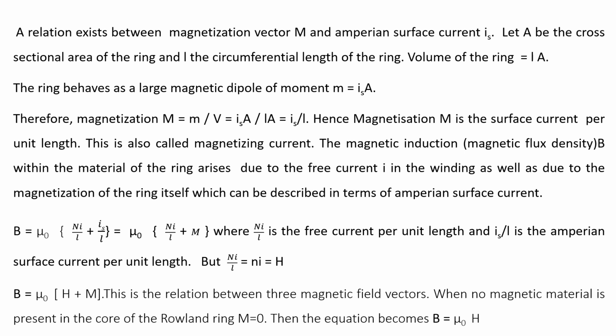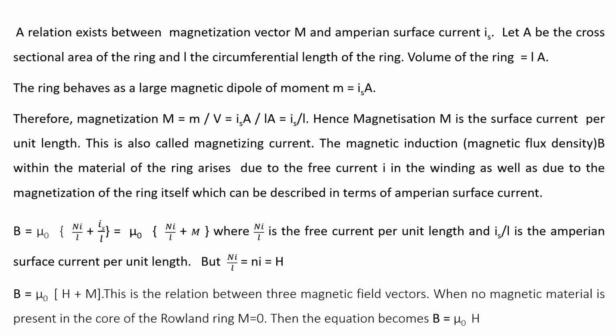Therefore, the magnetization vector M can be represented as the magnetic dipole moment induced per unit volume. That is, the magnetic dipole moment m divided by volume, where m is I_S into A, and the volume is the area into the circumferential length, which gives I_S divided by L. Here I_S is the Amperian surface current.